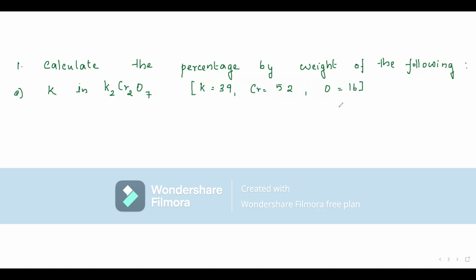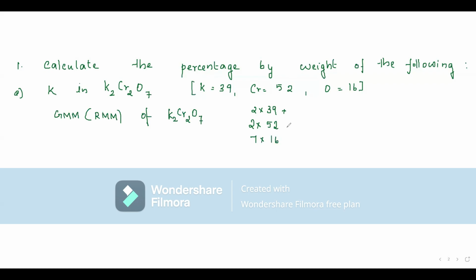First of all, we need to calculate the molecular mass of potassium dichromate, GMM, or you can even write RMM, but keep the unit grams. Of K2Cr2O7: potassium 2 into 39 plus chromium 2 into 52 plus 7 into 16.